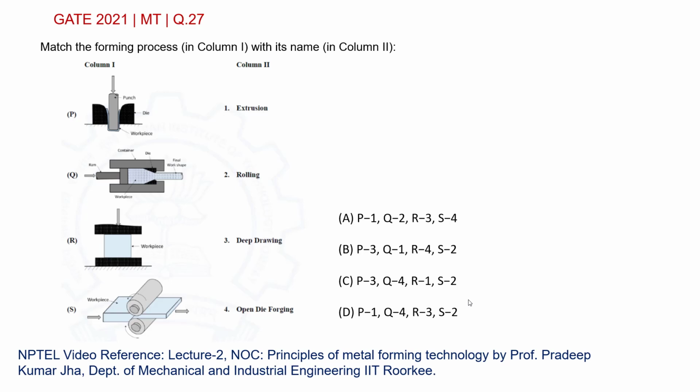So, if you look at column 1, the first process is one in which a punch is made to apply compressive and tensile stress on the workpiece, and this is basically a sheet metal operation where the sheet metal is forced into the cavity or the cup of the hollow cavity without altering the thickness using compressive and tensile force.